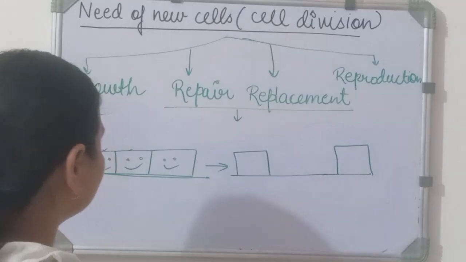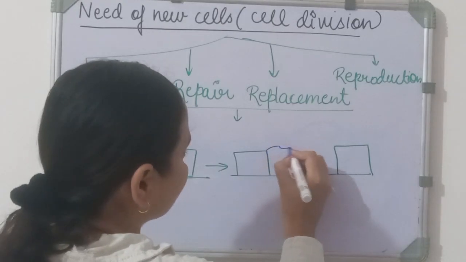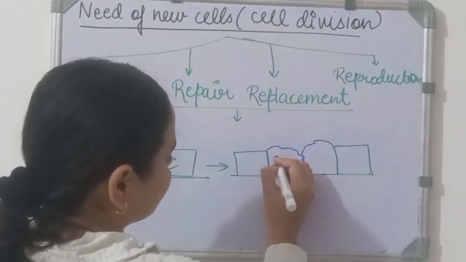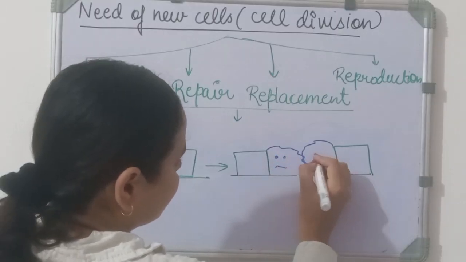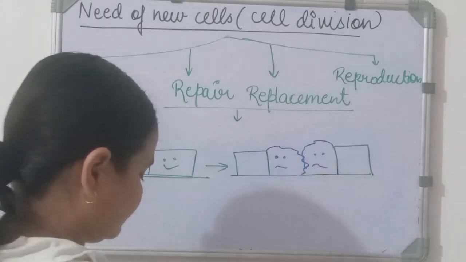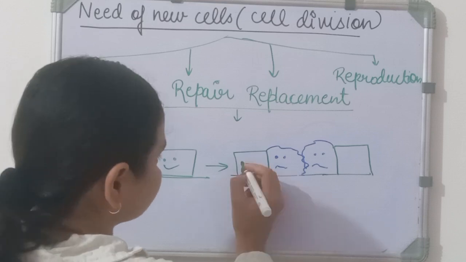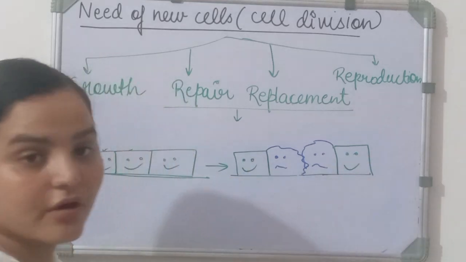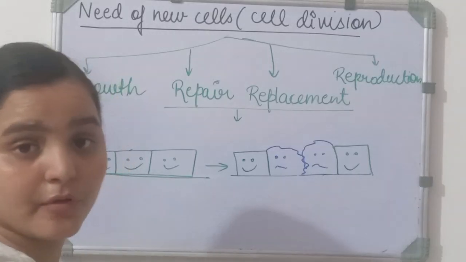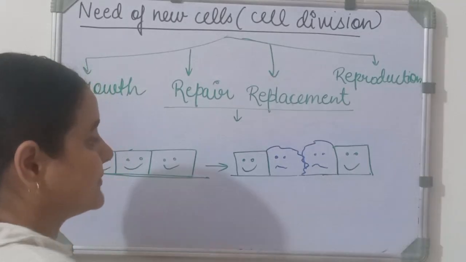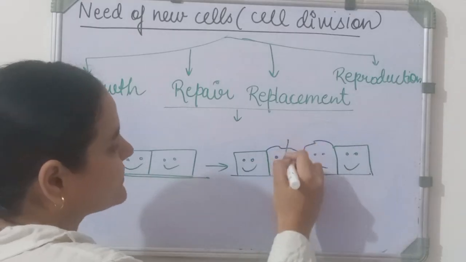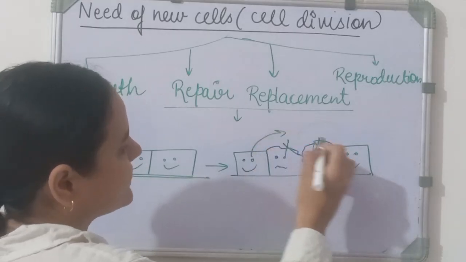Over time, these two cells get old or get damaged. Then our body, by its own mechanism, repairs or replaces these old cells with new cells.